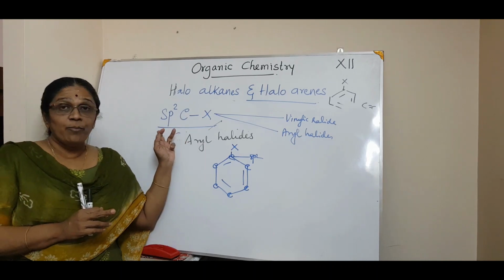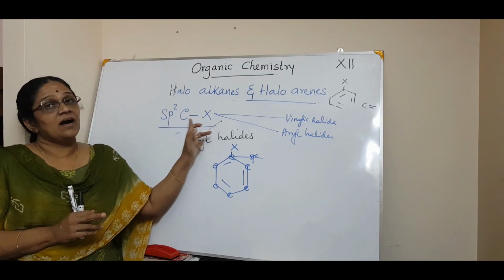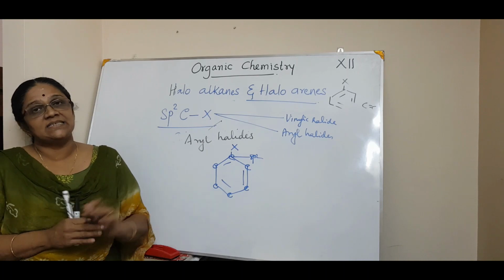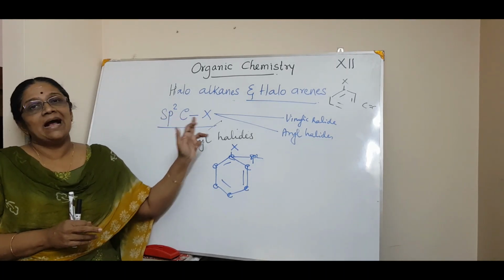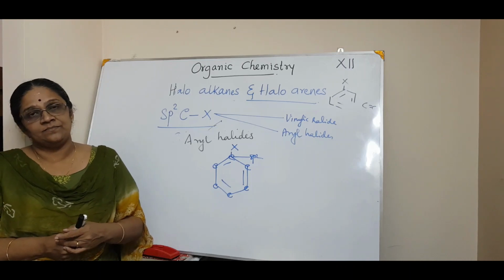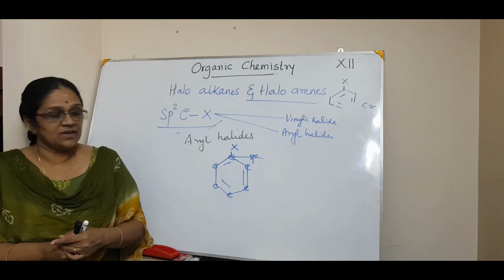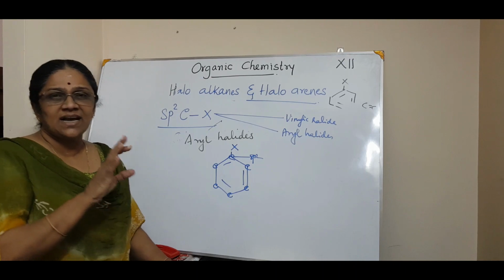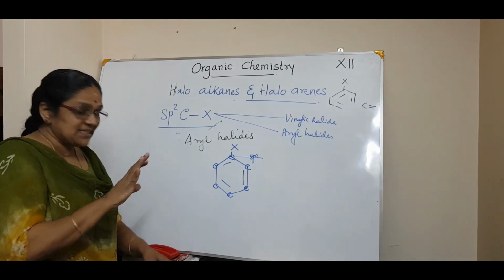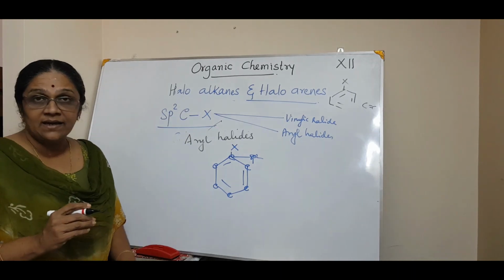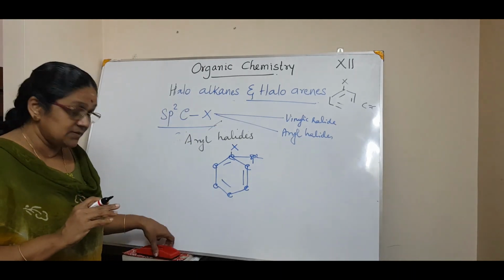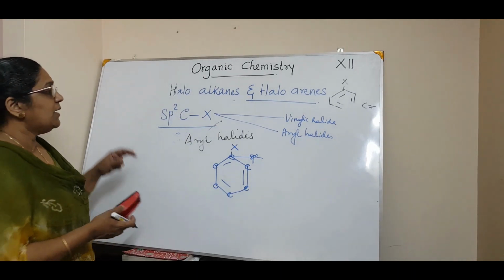Second is the compounds containing sp3 carbon-halogen bond. And the third classification is the compounds containing sp2 carbon-halogen bond. Is it clear? So this is just a broad classification of haloalkanes and haloarenes. Okay. Now we will come to the nomenclature.